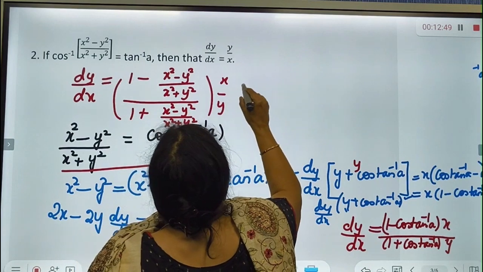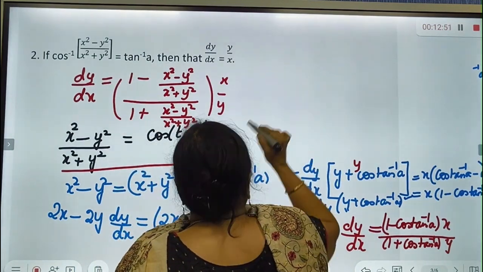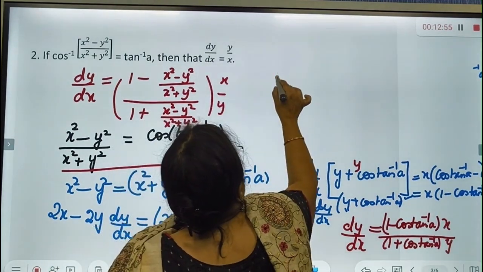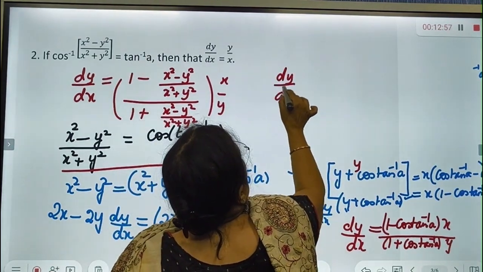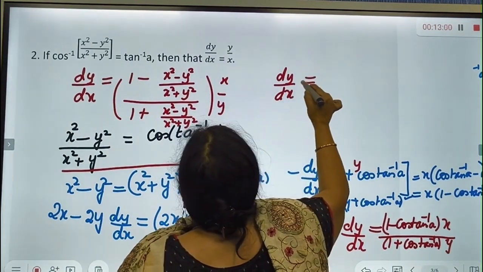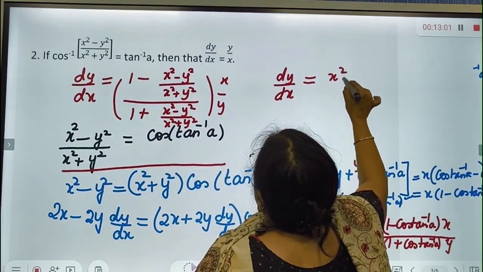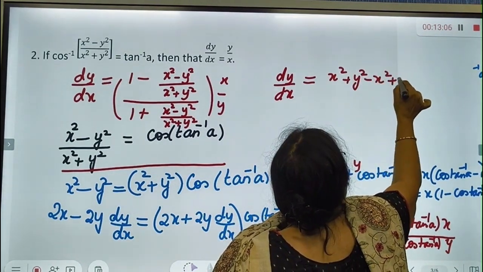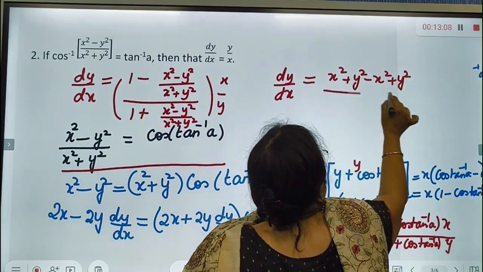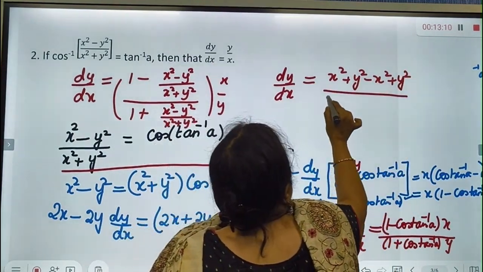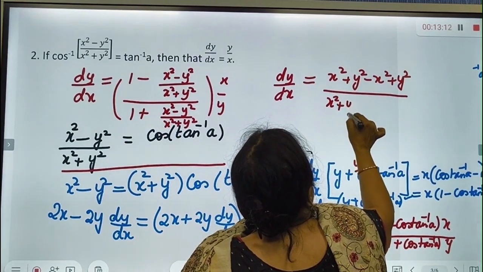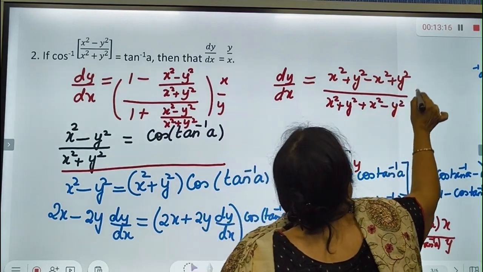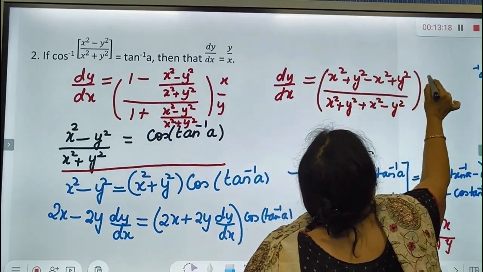Okay, now when I simplify, what will I get? dy by dx is equal to x square plus y square minus x square plus y square divided by x square plus y square plus x square minus y square into x by y.